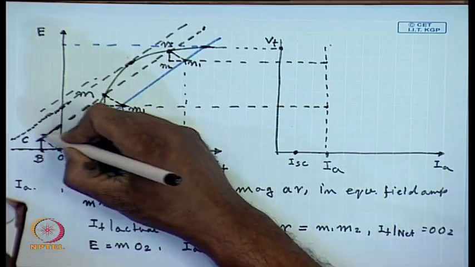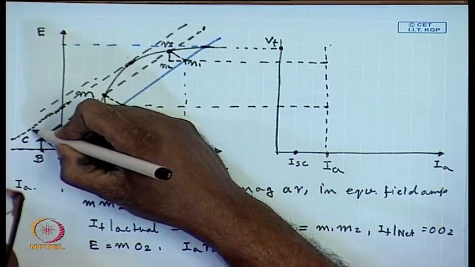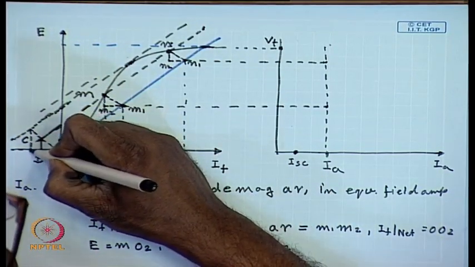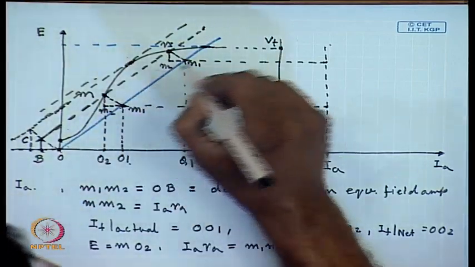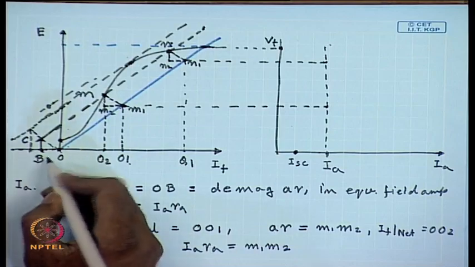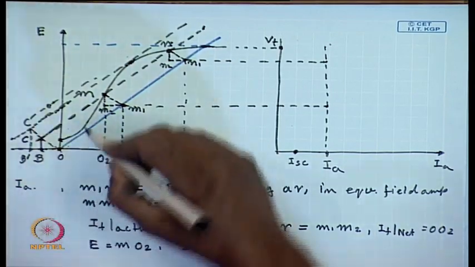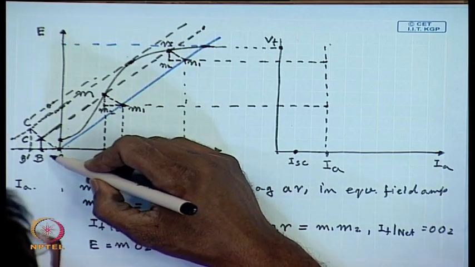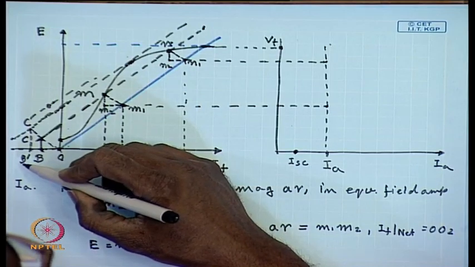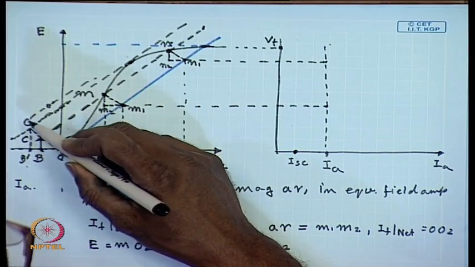Then we extend the triangle here. For the maximum armature current, the effective armature reaction demagnetizing amperes in equivalent field amperes will be O B dashed and the armature drop will be B dashed C dashed.